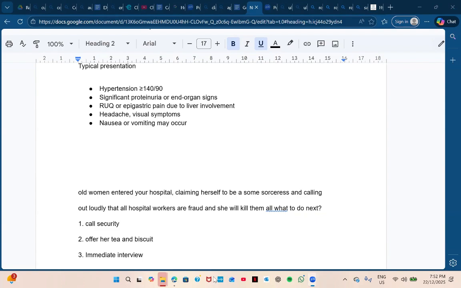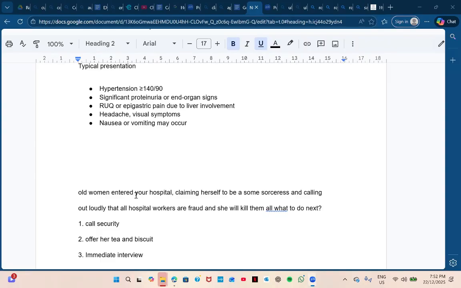In this case, there's immediate harm, an immediate threat. So we have to first call the security, because she's yelling that she will kill all the hospital members. We can't offer her tea and biscuit; she will kill us, right?